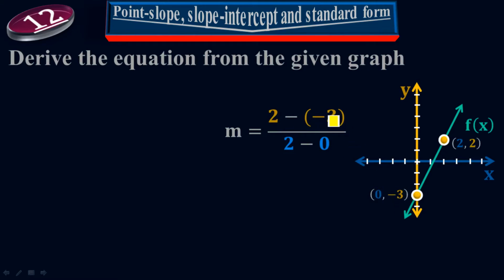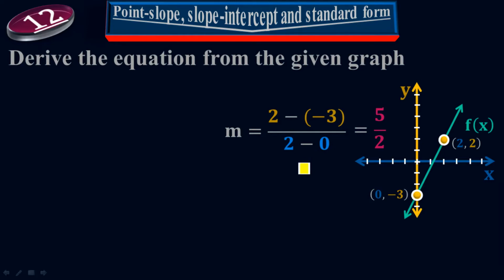And x sub 2 is 2 and x sub 1 is 0. Negative times negative will be positive. So I will have 5 over 2. This is going to be the slope of the line.